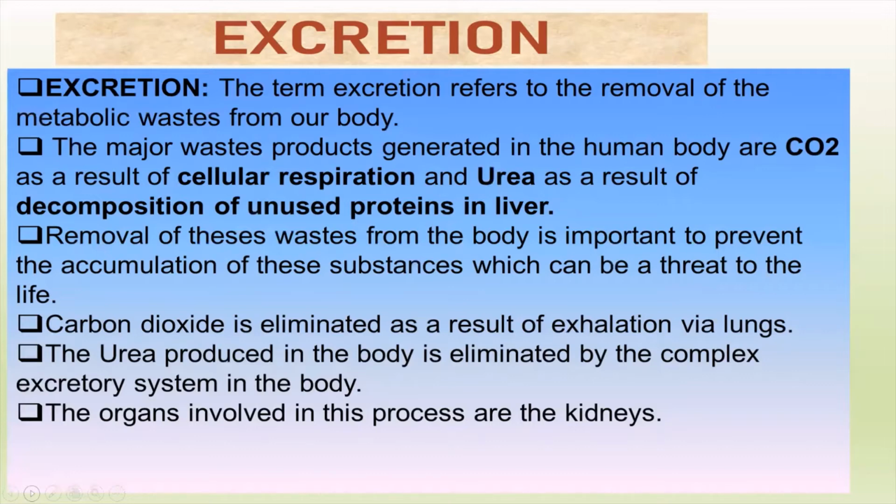Removal of these wastes from the body is important to prevent the accumulation of these substances, which can be a threat to life. Carbon dioxide is eliminated as a result of exhalation via the lungs. The urea produced in the body is eliminated by the complex excretory system in the body. The organs involved in this process are the kidneys.